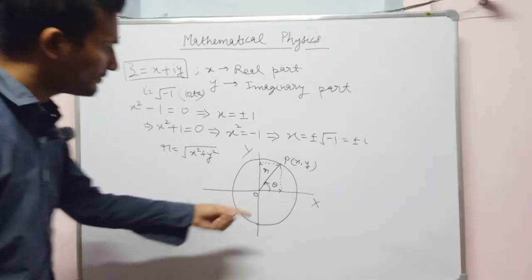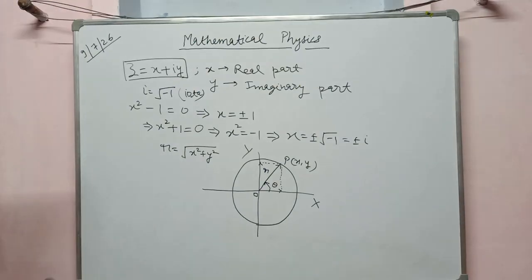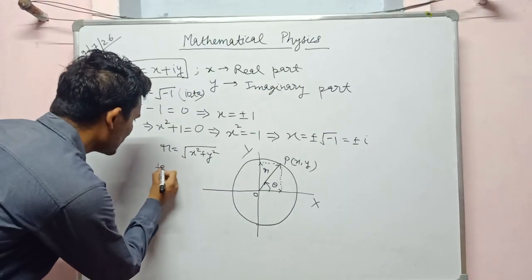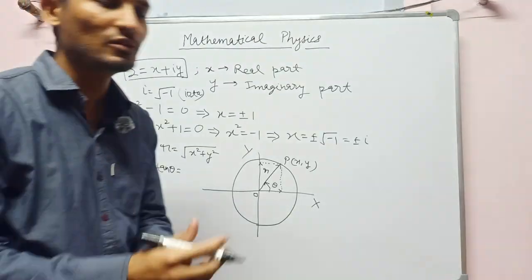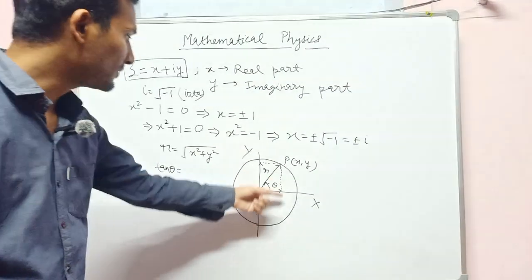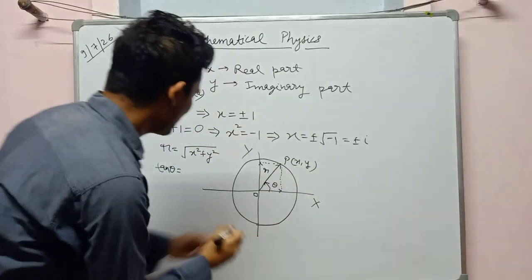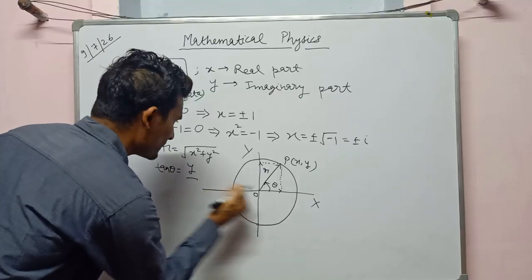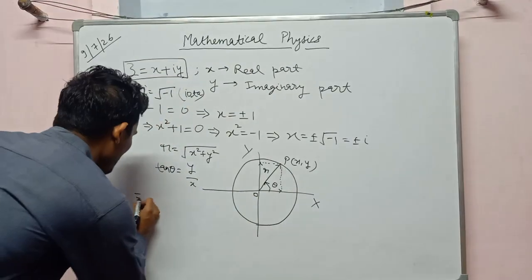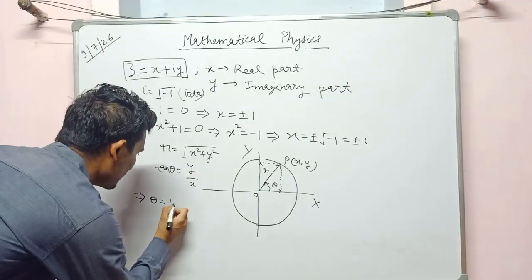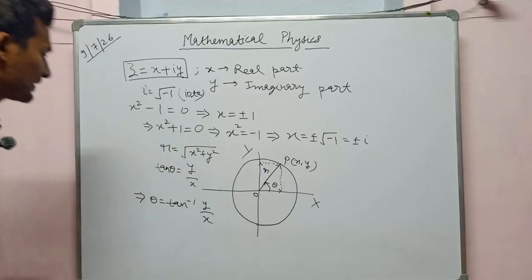The second one, which defines the direction of this vector, is given by tangent theta. From the very definition, tangent theta is perpendicular upon base. The perpendicular is y, and the base along the x axis is x. So theta will be deduced as tangent inverse of y upon x.